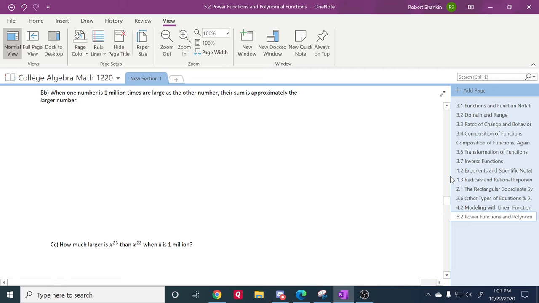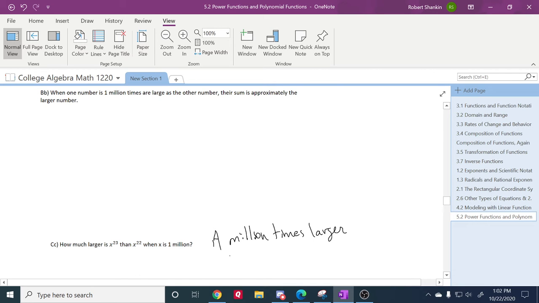Okay, let me ask group 6. Any ideas here? We're pretty sure it's 1 million times larger. Why is that? Well, if x equals 1,000,000 and x to the 23rd is 1,000,000 times itself 23 times, and x to the 22nd is 1,000,000 times itself 22 times, then x to the 23rd is multiplied times 1,000,000 one more time.